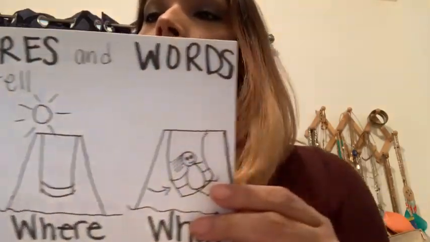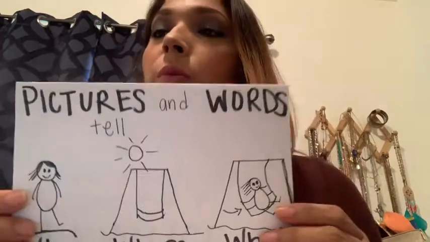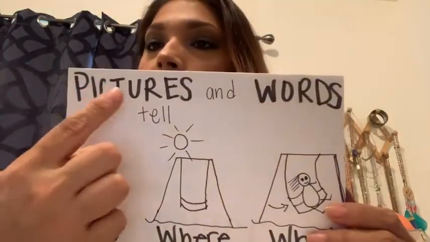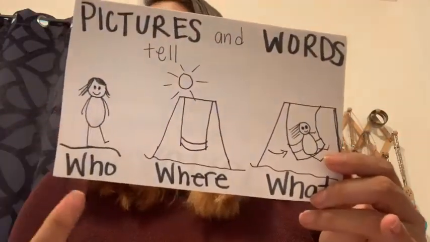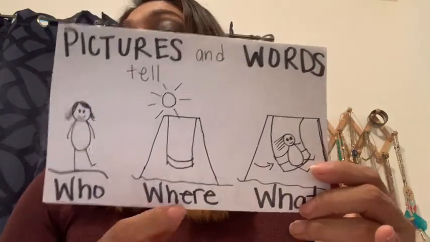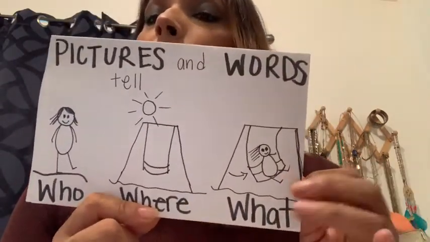Today I want to teach you that when we're writing a true story, we use pictures and words to tell the story. You need to tell who was there, where you were, and what you did. I'm going to continue writing the story about the part where we went to the parking lot and hiked up the really narrow streets up to the sanctuary where the horses were.